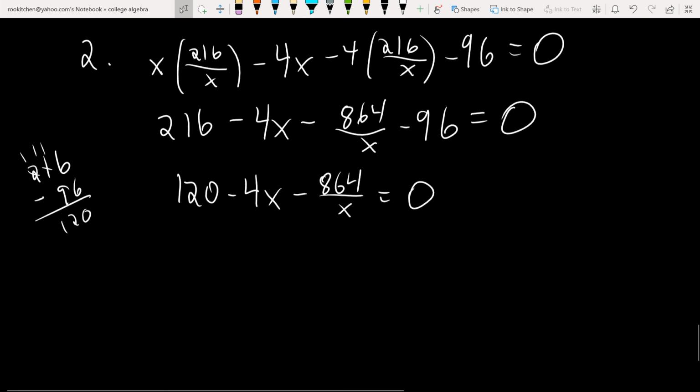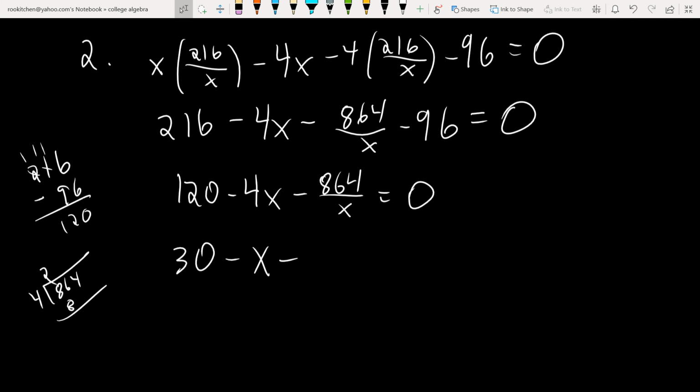I think I could divide everything by 4 and it would be okay. So I would end up with 30 minus x minus 216 over x equals 0.